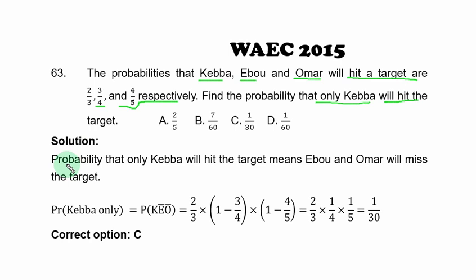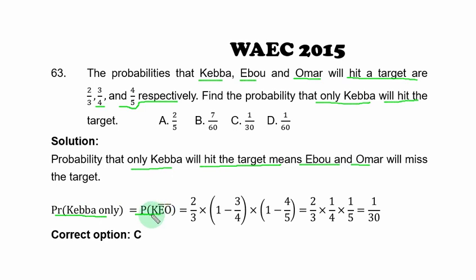Solution: probability that only Keba will hit the target means Ebwe and Oman will miss the target. So probability Keba only is equal to probability Keba will hit the target, then Ebwe and Oman will miss the target, E bar O bar.